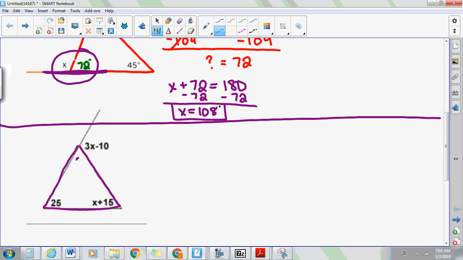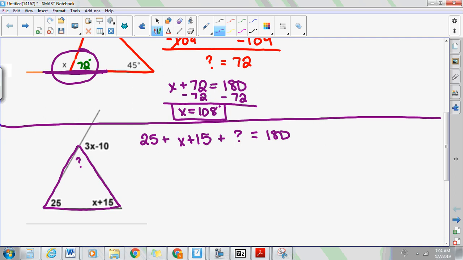And I'm probably going to get some x's left in it, and that is okay. So I'm going to put my question mark back. So I know that 25 plus x plus 15 plus question mark equals 180.